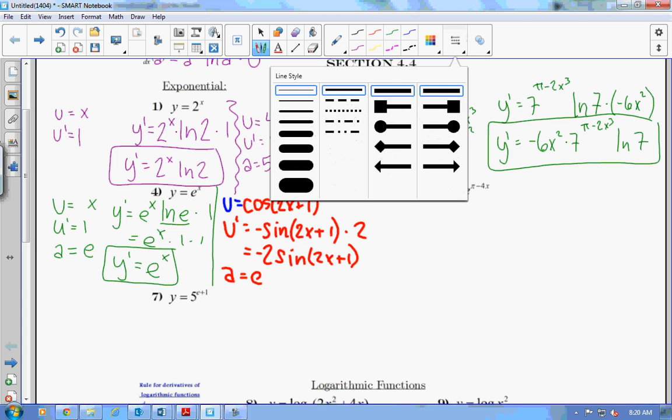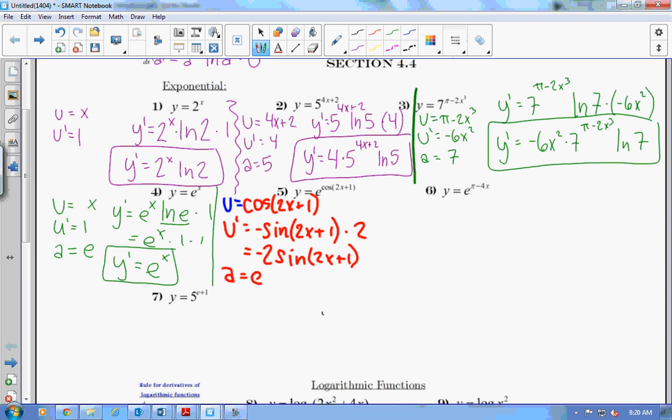Skinny marker. Okay. We should have got y prime was the original, e to the cosine of 2x plus 1, times the natural log of the base, times that derivative. But you guys have already told me natural log e is just 1.